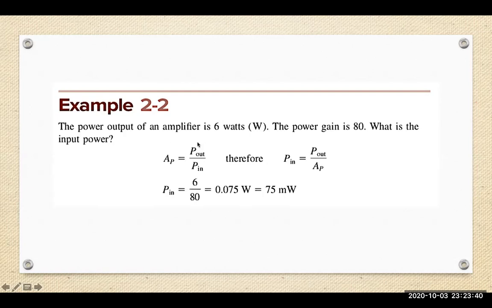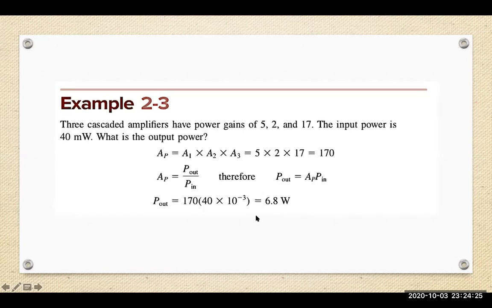Since we are given the power output and the power gain, we can determine the input by cross multiplying. So the input power is equal to the power output over the power gain. Plugging in the values, we have 6 watts divided by 80, which is 0.075 watts, or if you express this value using a prefix, 75 milliwatts.